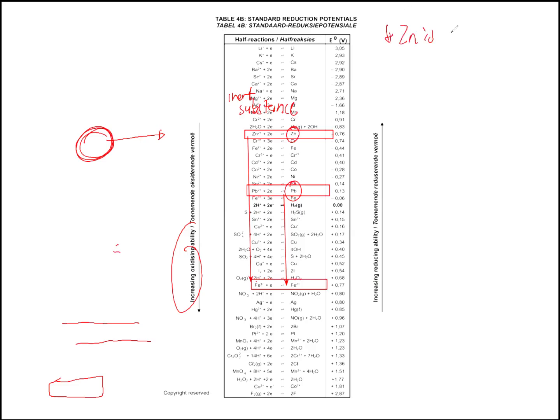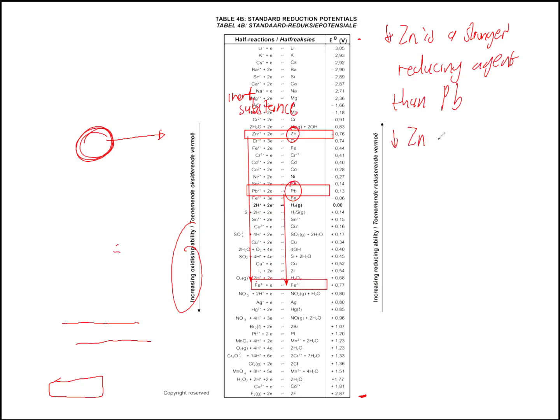Zinc is, because as we can see, the strength of the reducing abilities is increasing as we go up the standard reduction table. So zinc is a stronger reducing agent than Pb, right?